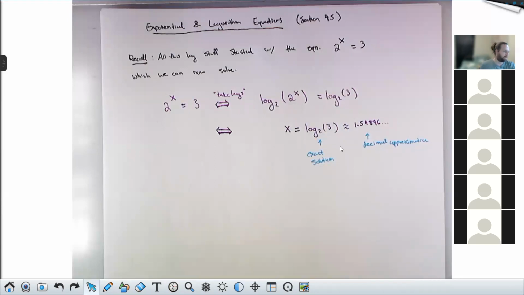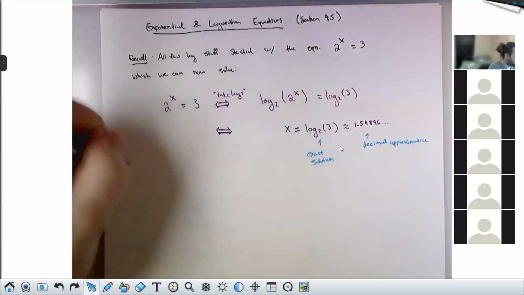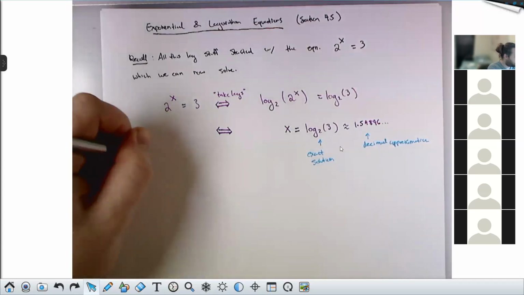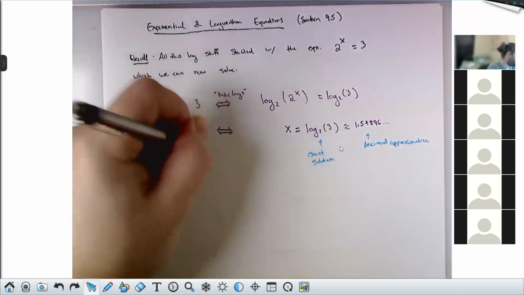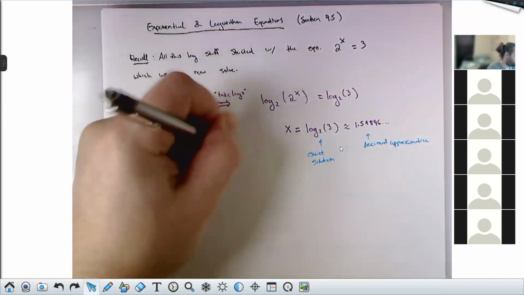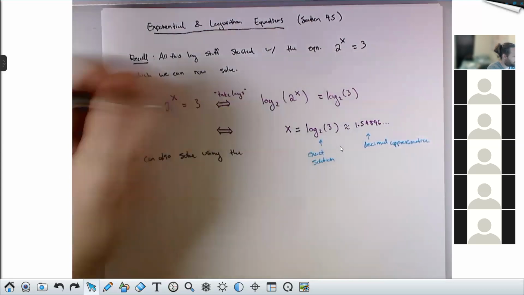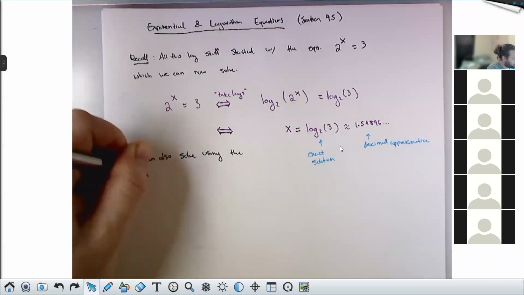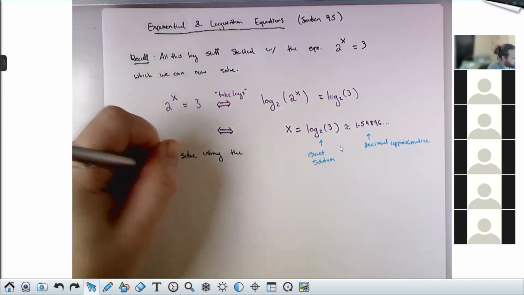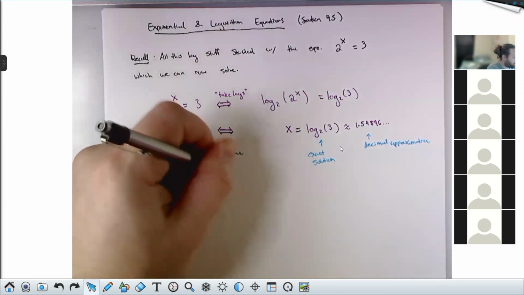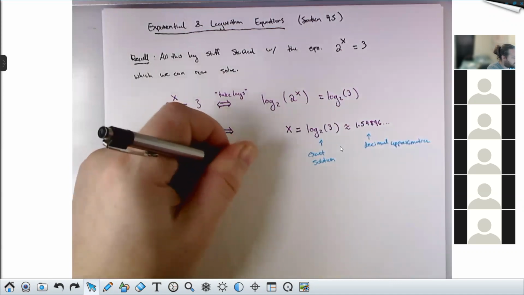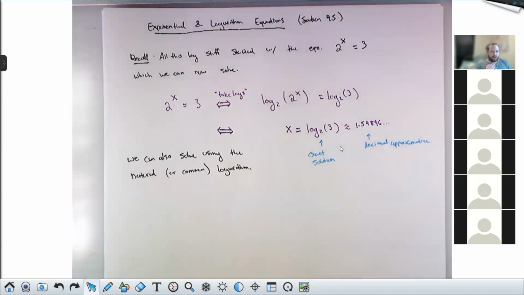Another way to solve this. I could have used any other logarithm I wanted.